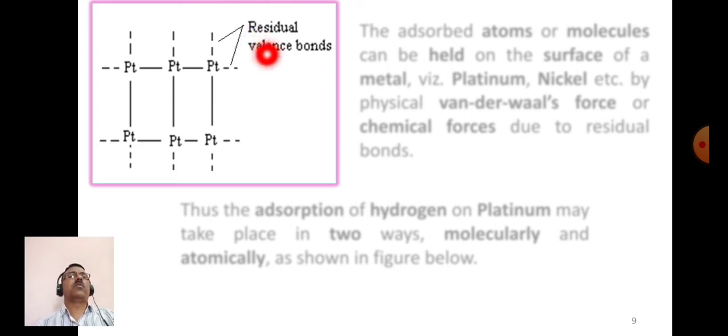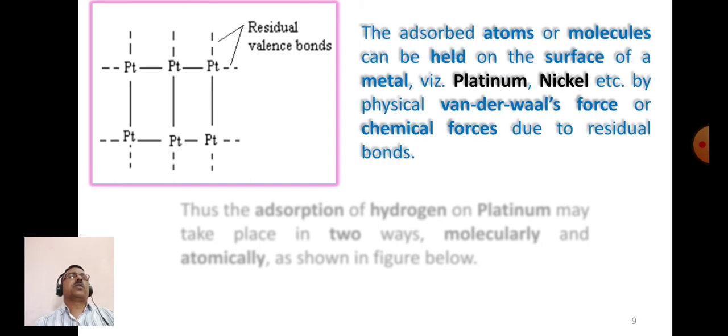So these residual valence bonds hold the adsorbate particles at the surface of the metals. Here the adsorbed atoms or molecules can be held on the surface of a metal like platinum or nickel or iron by physical van der Waals force of attraction or chemical forces due to residual bonds.